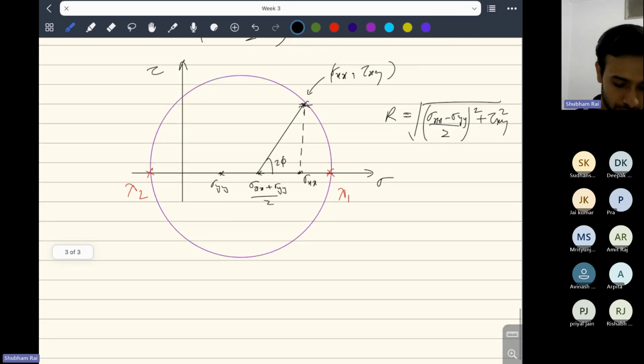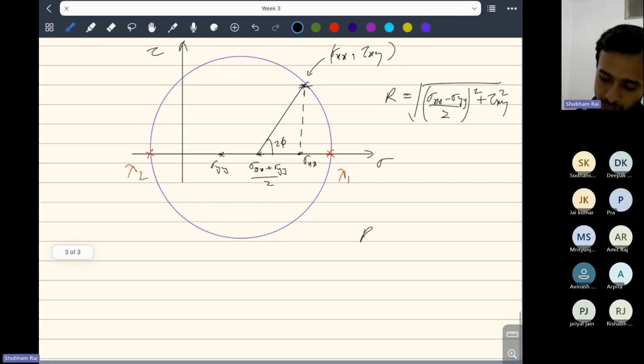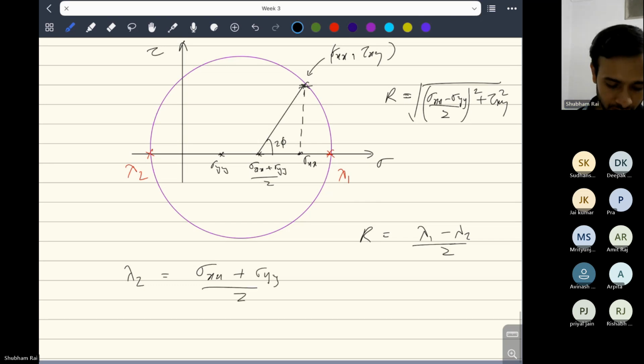You can also write the radius in terms of lambda 1 and lambda 2. You know that this is the center, and this is lambda 1, this is lambda 2. So radius will be lambda 1 minus lambda 2 by 2. This value minus this value will give you this length, and dividing by 2 will give you the radius. Lambda 2 you can also write in terms of sigma xx plus sigma yy by 2, which is the center, right?